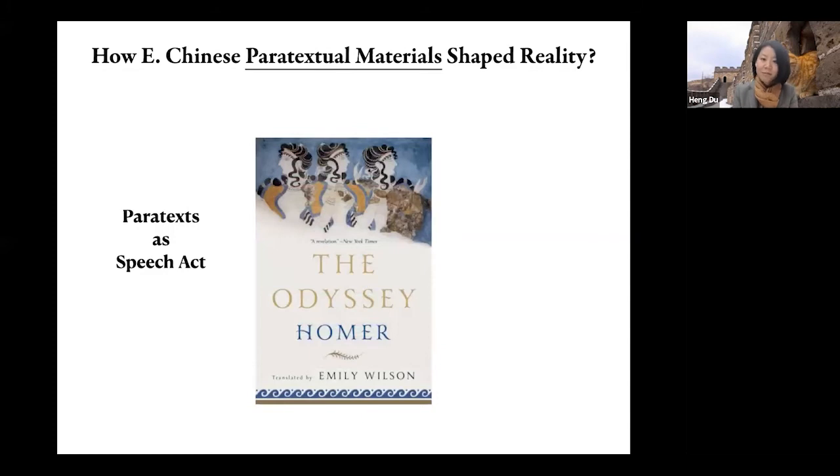So for instance, when we have one of the latest translations of the Odyssey, very few scholars today would think of the Odyssey as the work of a historical figure named Homer, right? So what's the function of Homer there? I would say we can think of it as a plea or a command to say, please think of this work as something associated with this name Homer.